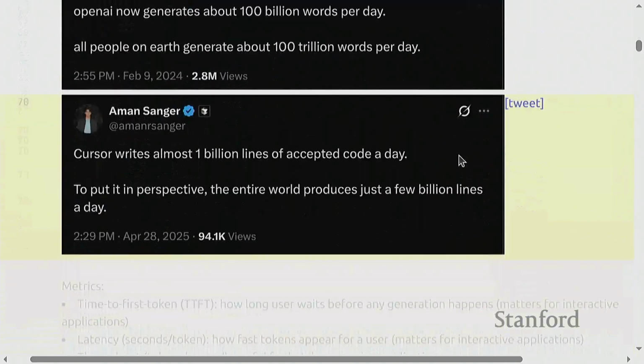And even Cursor, which is not that new of a product, is allegedly generating 1 billion lines of accepted code each day. So it's just giving you an idea of how much inference is accounting for. And costs of inference compared to training are definitely increasing.